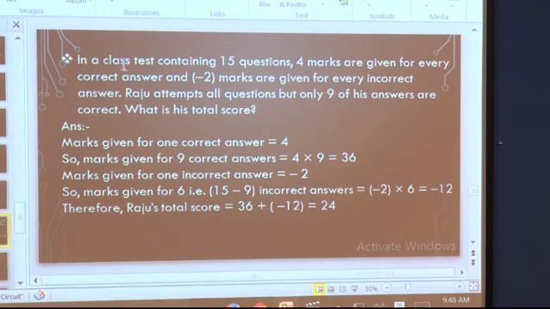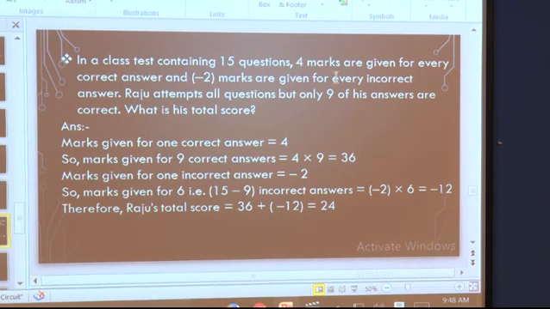Here in a class test containing 15 questions. Now 4 marks are given for every correct answer. Means if your answer is correct, for each answer you will get 4 marks, and minus 2 marks are given for every incorrect answer. Means when you give a wrong answer, your teacher will cut 2 marks.